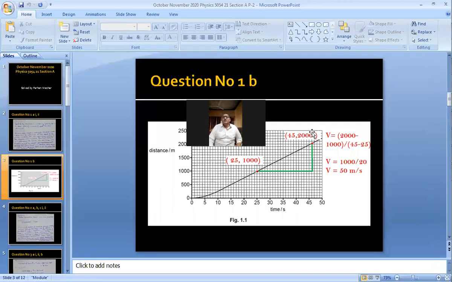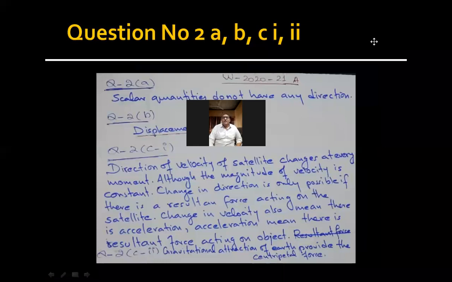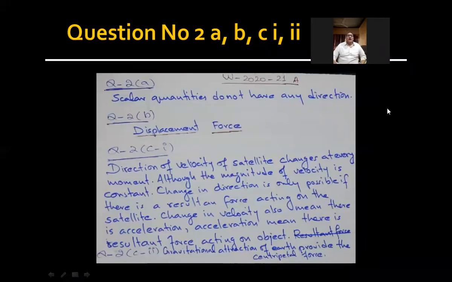Let me show you my answer. I have written this answer. Here we go. Scalar quantities do not have any direction. Displacement and force are the vector quantities. The direction of the velocity of the satellite changes at every moment.